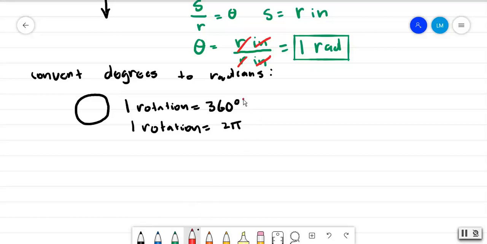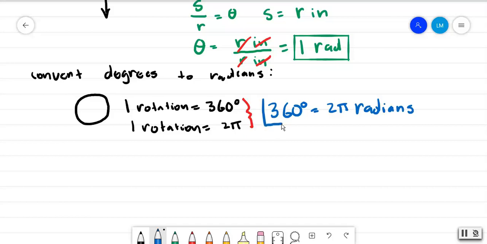So from this, 360 degrees has to equal 2 pi radians. So there's our equality. Our equality states that 2 pi radians is 360 degrees.